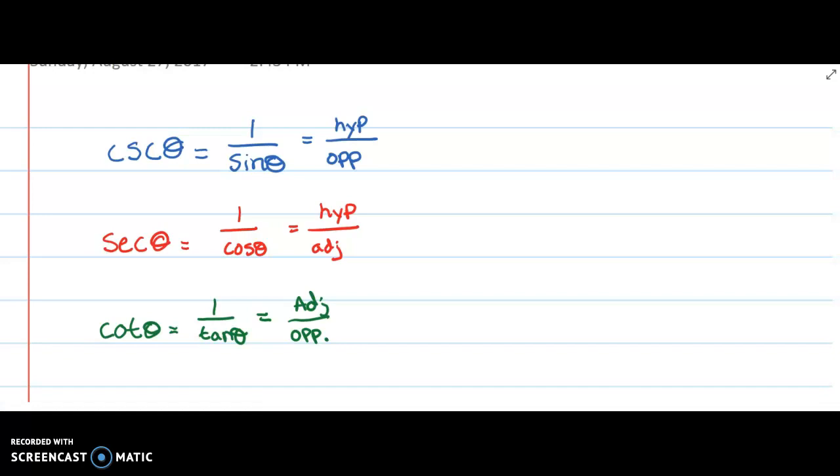Okay, so let's look at an example. So say we had a right triangle here, like this. And say this was 3, 4, and 5.